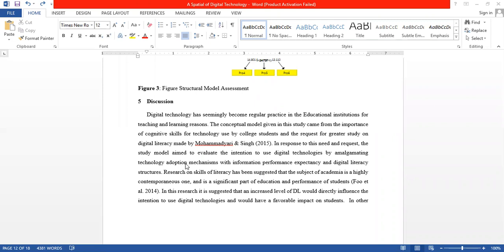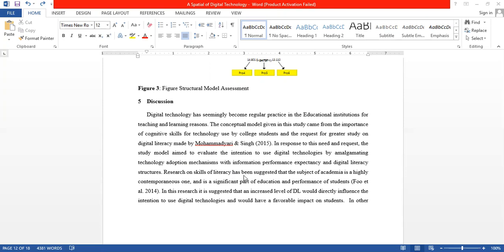And after that, in one paragraph, you will describe that this was the purpose of your study, and these are the findings of your study. You will also describe the hypotheses, whether they are accepted or not.